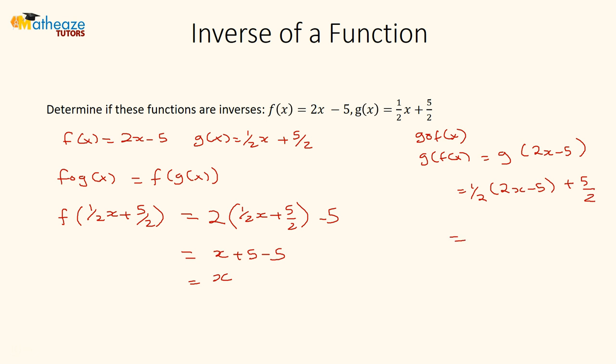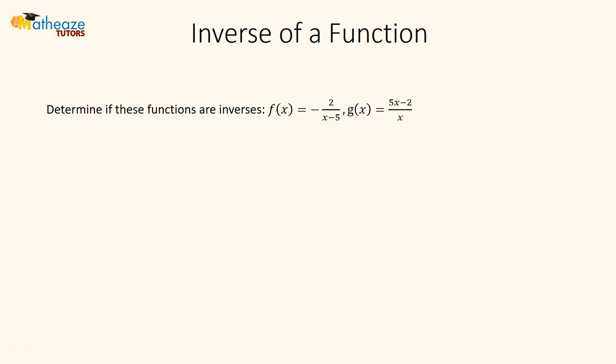So this is going to give us 1/2 times 2x. That gives you x. And then 1/2 multiplied by -5 is -5 over 2 plus 5 over 2. So this gives you x.